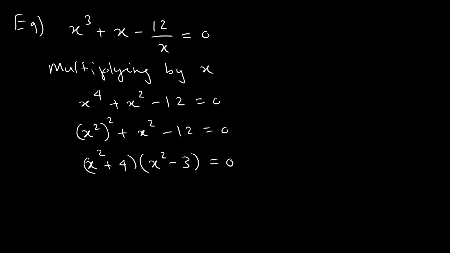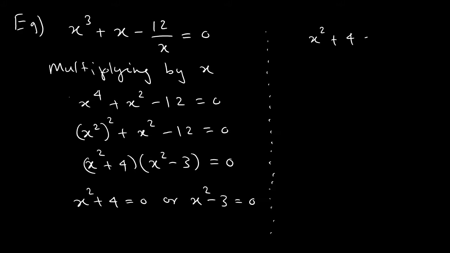Now set each one equal to 0, so you're going to get x squared plus 4 equal to 0, or x squared minus 3 equals 0. As before, we're going to go one by one. x squared plus 4 equals 0, so x squared equals negative 4, so x equals plus or minus 2i.